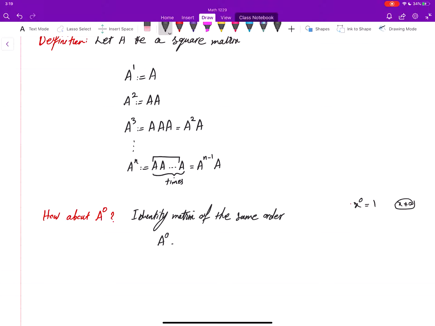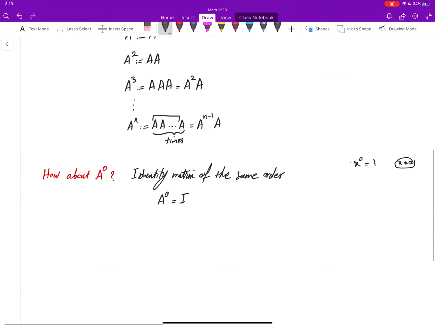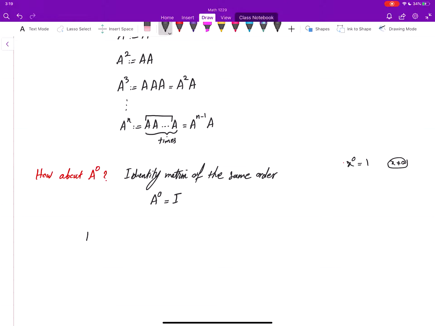In general, we write the identity matrix as I. And what is the identity matrix? The identity matrix of order n, and sometimes to emphasize the order we put n down there, is a square matrix.